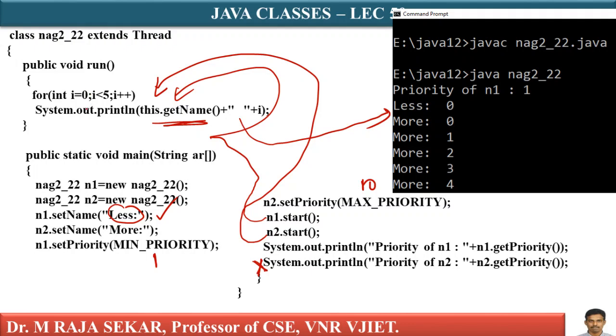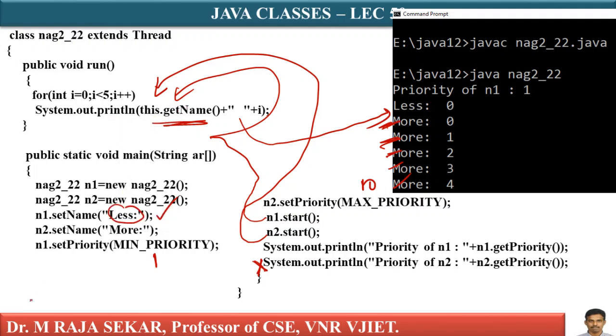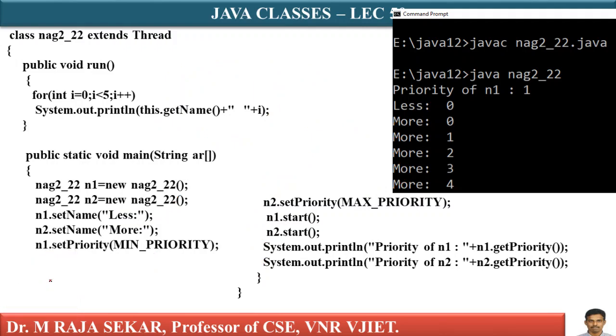Now i equal to 0 for the N2 thread. i equal 0, 0 less than 5. this.getName means N2's name, that is more 0, more 1, more 2, more 3, more 4. i equal 0, 1, 2, 3, 4. The current object is N2, whose name gives more 0, more 1, more 2, more 3. You will get more 4, isn't it?